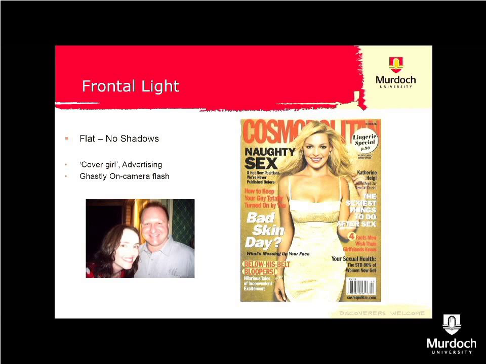It doesn't create the idea of three-dimensionality. It's a very common lighting style for sort of glamour and magazine cover type looks because it is so shadow alleviating. And shadows accentuate any imperfections, and that's typically not what's required in this sort of image.